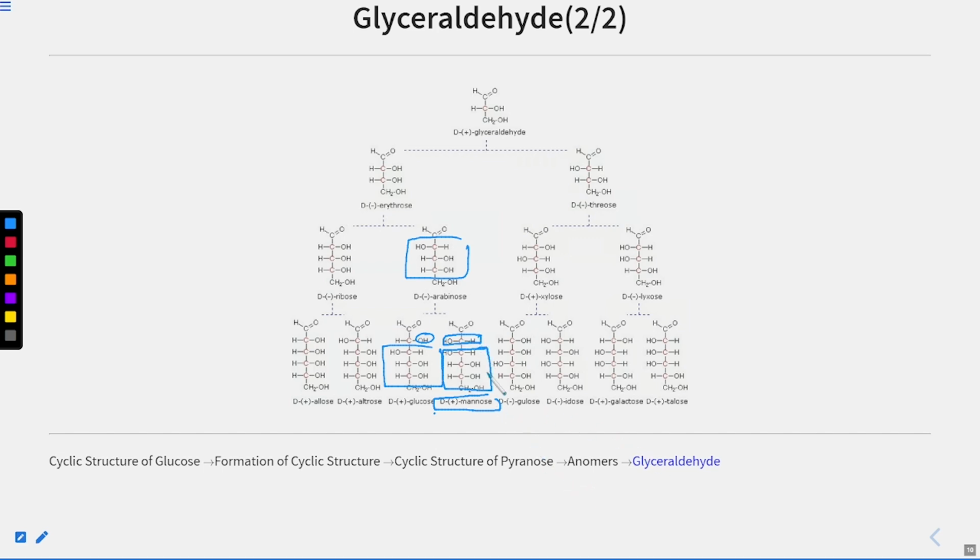Now if I ask you why we are studying this, why are we interested in glucose, mannose and all of these complicated structures? You will see in further reactions that some reactions give the same product. If you react glucose and mannose in a specific reaction, both will give the same product. So what is the benefit of this?